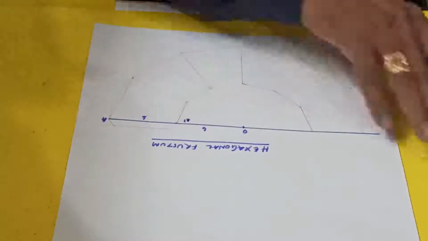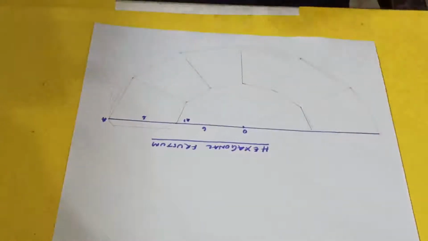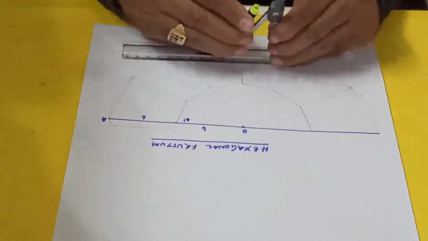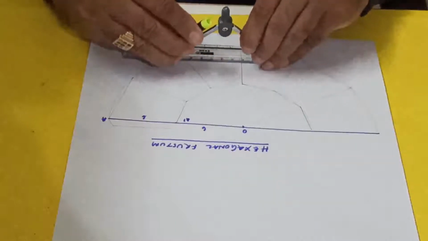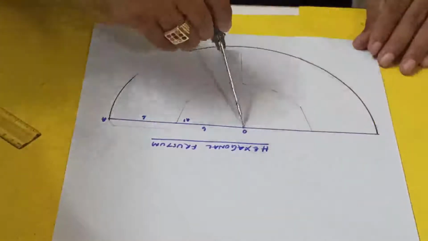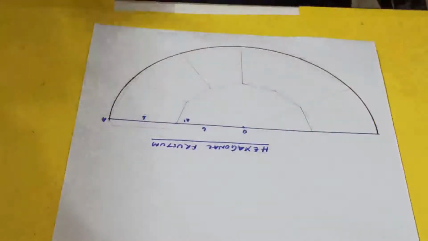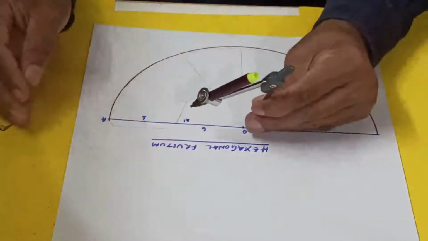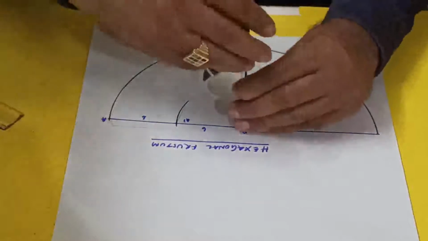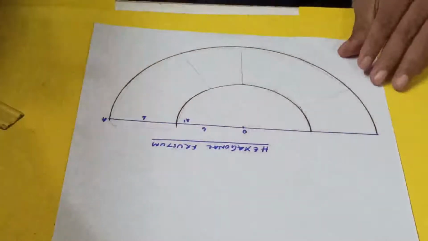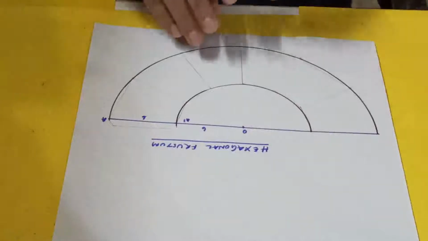To draw two circles, one is 12 centimeter, another 6. So from here, this one 6, next is 6 centimeter, taking the center as O. So I will draw like this. So this is over.